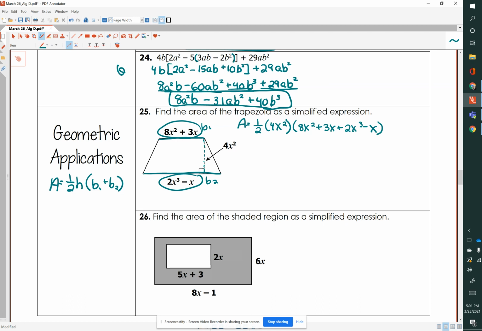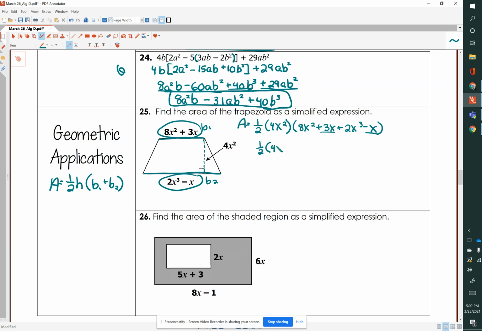So can we combine like terms here and simplify this? Well, we can. We've got the 8x squared, and we can reorganize it too. So we're going to put the 2x to the third first, then the 8x squared, and then we're going to combine 3x minus 1x for 2x. So I'm just rewriting the formula.